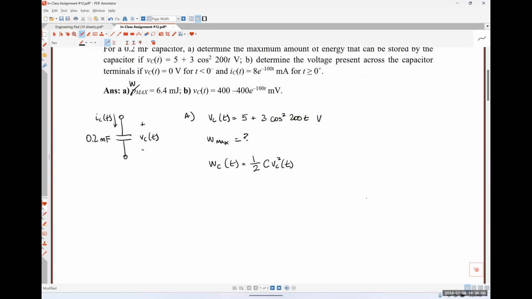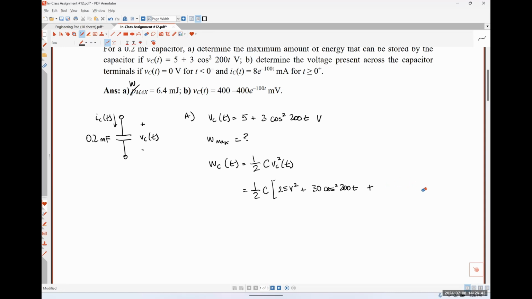So if I tried to do something like that, I would wind up having 1/2, I'm just going to leave this as c, and then I'm going to square this ugly voltage function, right? So that's going to look like 25 volts squared plus, let's see, 3 times 5 times 2 would be 30 cosine squared 200t, and then I'm going to square 3 cosine squared 200t.